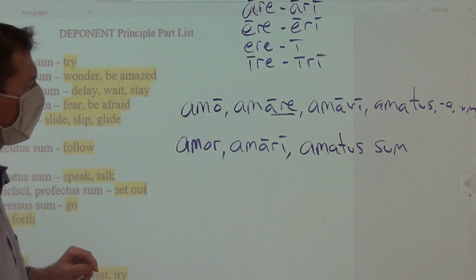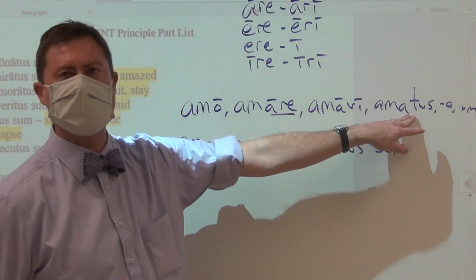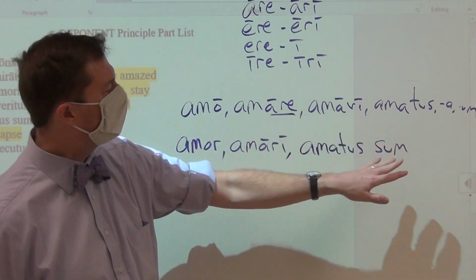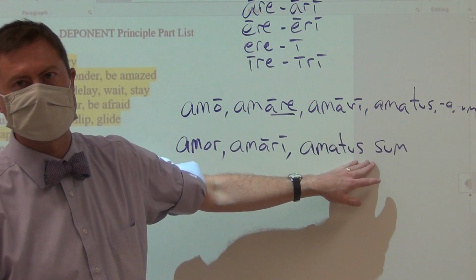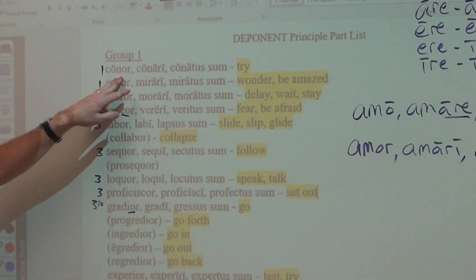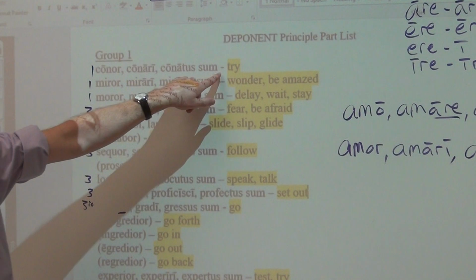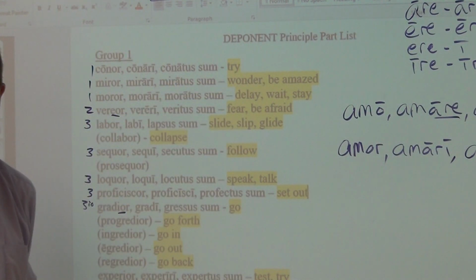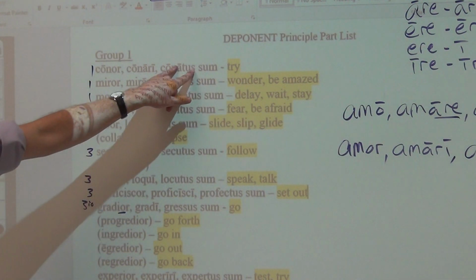Now, once you've written this, is there any need to write down the perfect passive participle? No, because it is a part of the third principal part, and that's why deponents only have three. Because if we were to add the fourth, it would be conor, conari, conatus sum, comma, conatus. There's no need for conatus again, the perfect passive participle, the fourth principal part. It is merely a part of the third principal part.